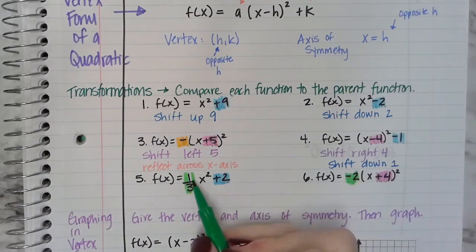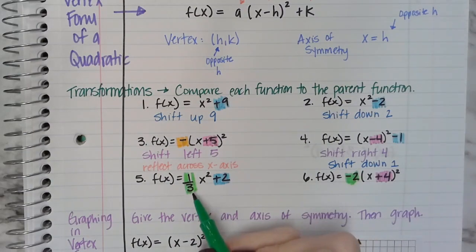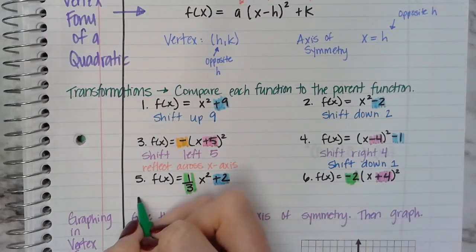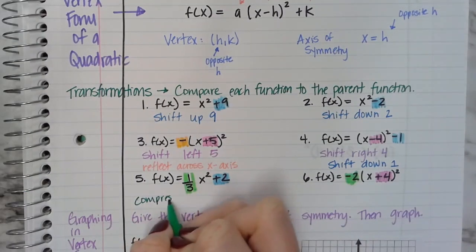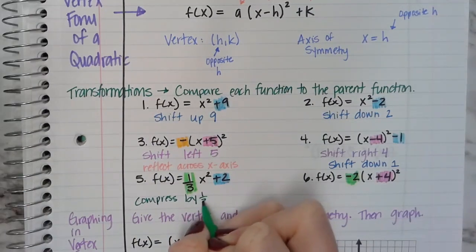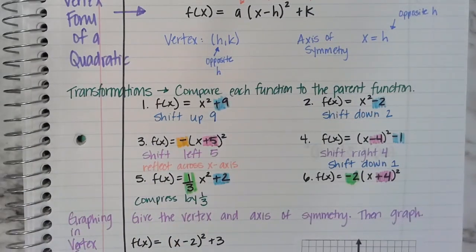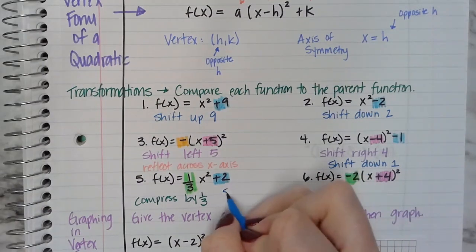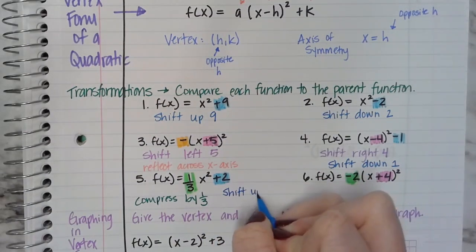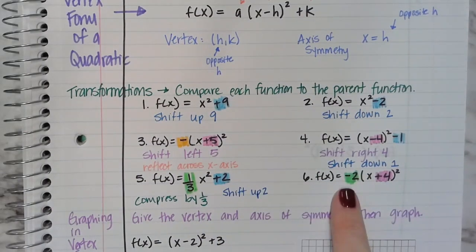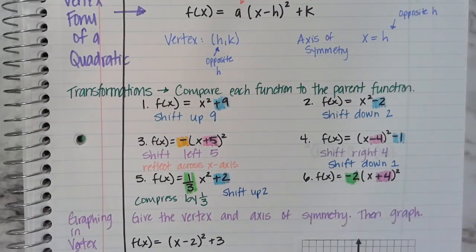All right, so that 1/3, that a value, represents our stretch and compress. So this would be compress by 1/3, and then shift up 2. For number 6, we have that, ooh, I forgot something here.